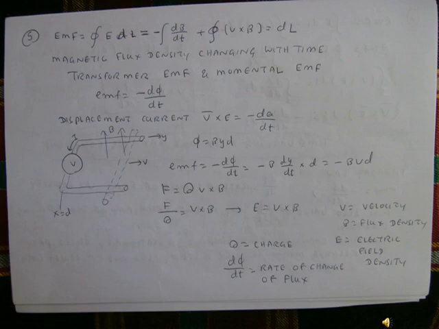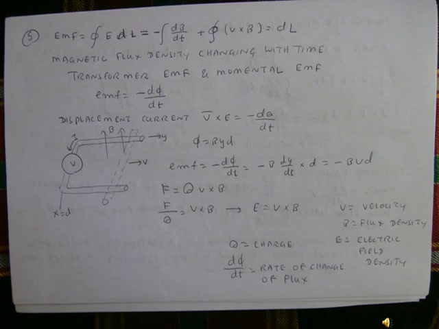In this case, B is the magnetic flux density, V is the velocity, E is the voltage, and dl is the length of the travel. So the magnetic flux density is changing with time.